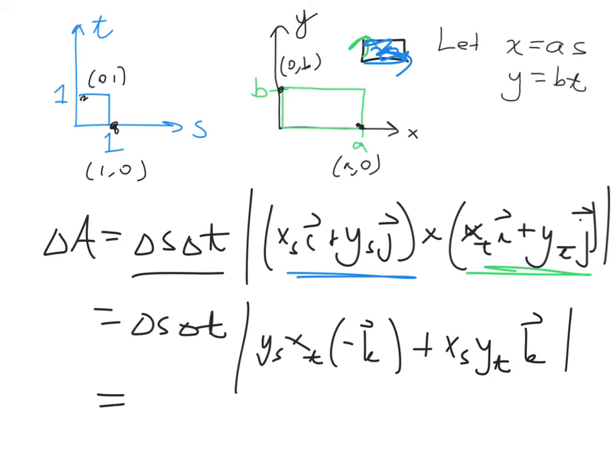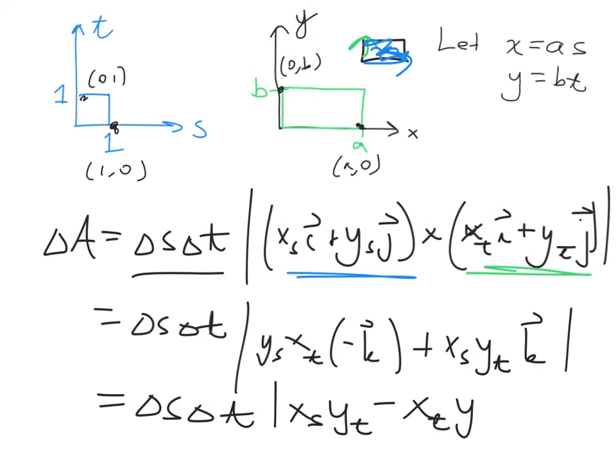And so this is equal to delta s, delta t, the absolute value of x sub s y sub t minus x sub t y sub s. Of course, that was times k, but the magnitude of the k vector was just 1.